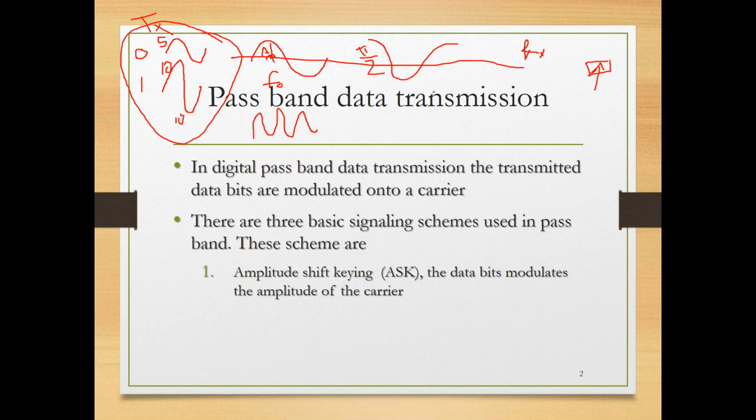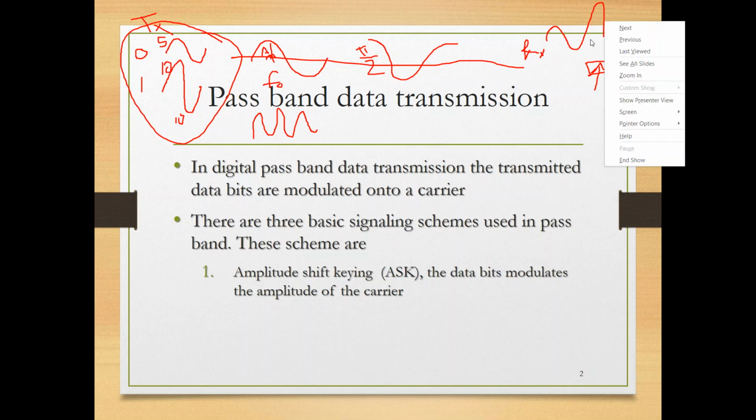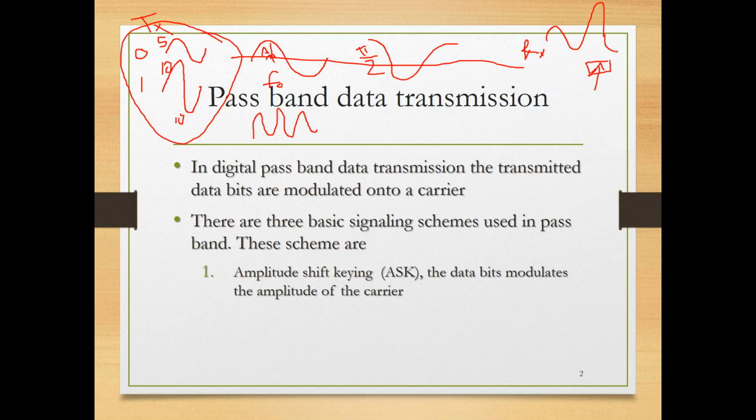So the receiver receives a sinusoidal signal of this form with different amplitudes. When the receiver looks at this period, he sees a signal of amplitude equal to 5. Since he knows the mapping rule, he can guess that during this period the transmitter sent 0.